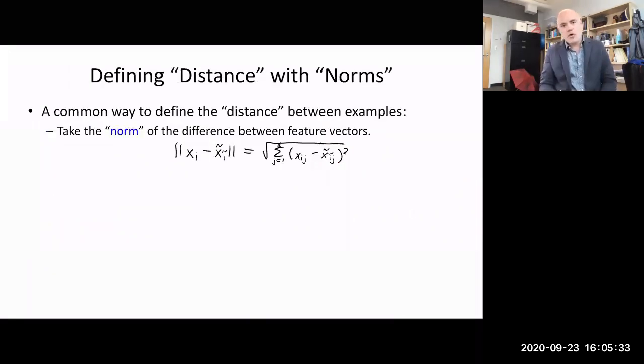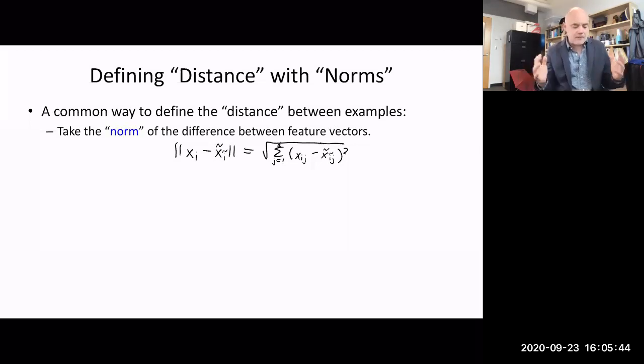We started talking about norms as well, and we sort of implicitly introduced some notation. A common way to define the distance between a couple of examples is to take the norm of the difference between the feature vectors.